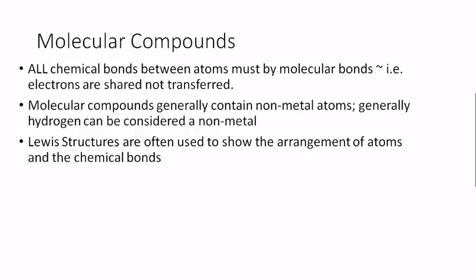With molecular compounds, we're not going to worry about making formulas or naming molecular compounds this semester, but what I do want to do is talk a little bit about using this important idea of showing, for a molecular compound, how the atoms are arranged in something called a Lewis structure. So I'm switching gears to molecular compounds, and molecular compounds, remember, mean no metals allowed.